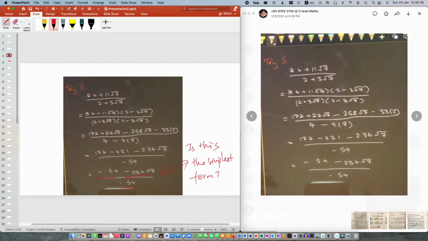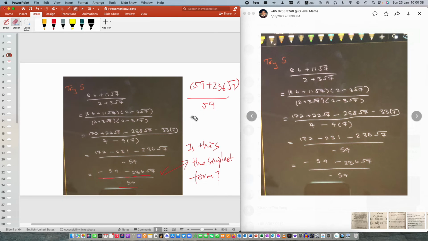Don't play with negative numbers if you can play with positive numbers. So the first thing you can do here is take out the negative sign from the top. Since you take out the negative sign, you end up with 236 square root 7 above, and then negative 59 below. When you have a negative above and a negative below, you can cancel the negatives. So this is the first step.